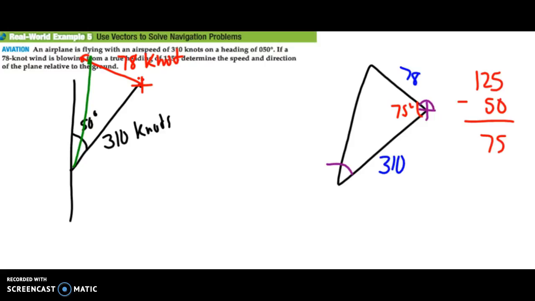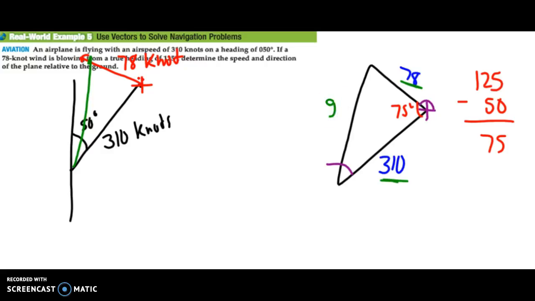Then what I can do is, if I know two sides, this side and this side, and I know the angle between them, one of my law of cosines could help me find this value right here, this resulting vector value.